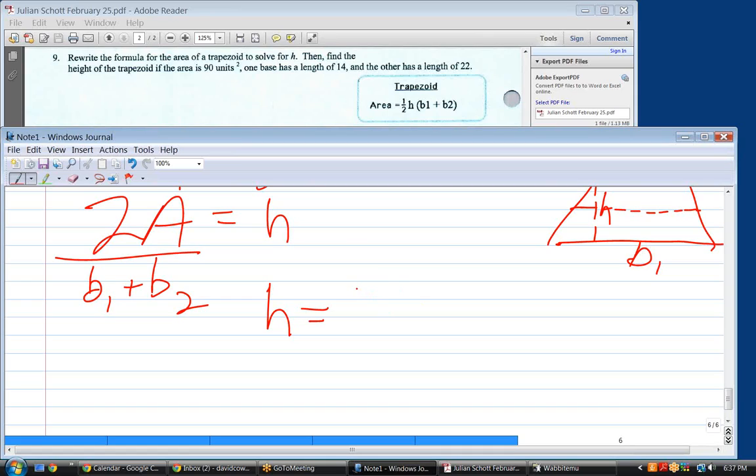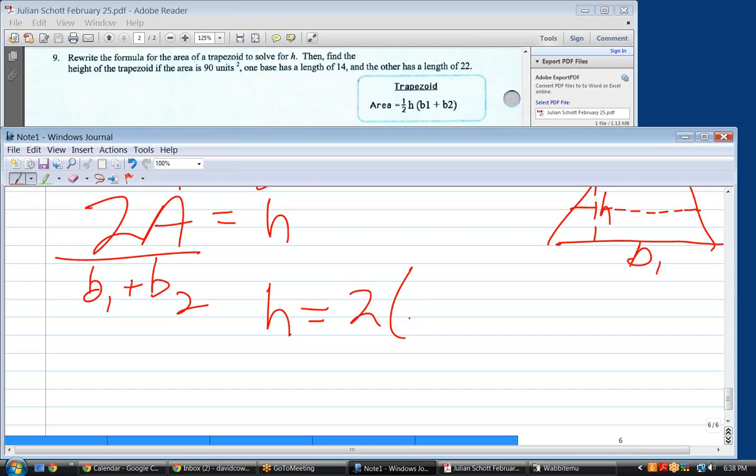90. Hold on, what happened to the 2? Well, we've got to write it. In other words, if I'm solving for h, I can't write 90. I've got to write 2 times 90.